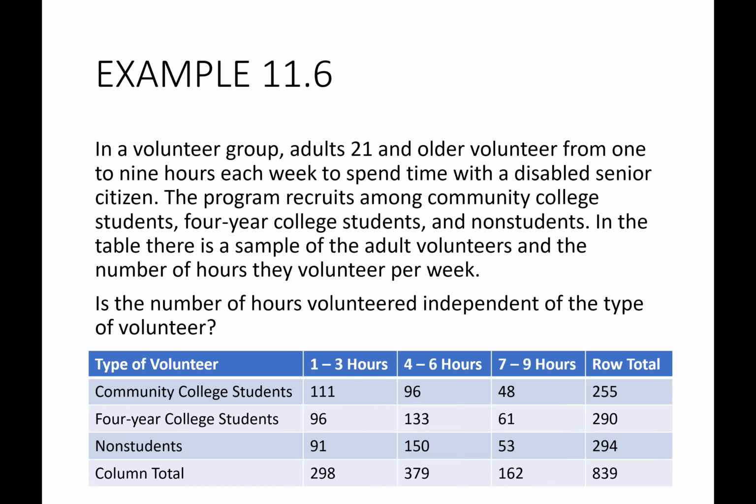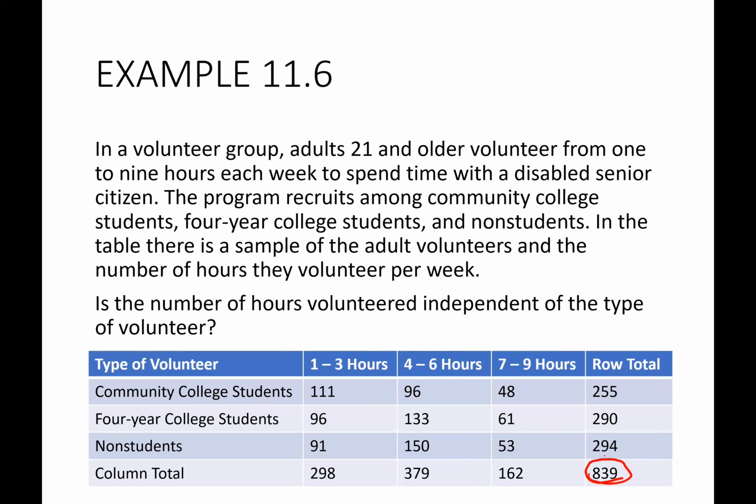Okay, so this contingency table shows us the type of volunteer that we have and the number of hours that these volunteers work. We surveyed 839 people. That is this total.